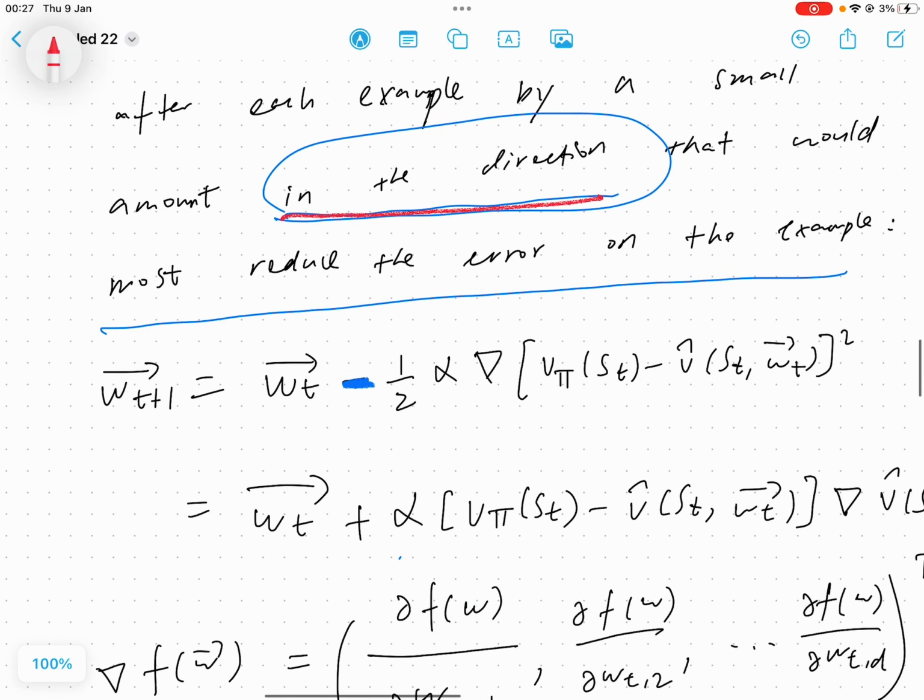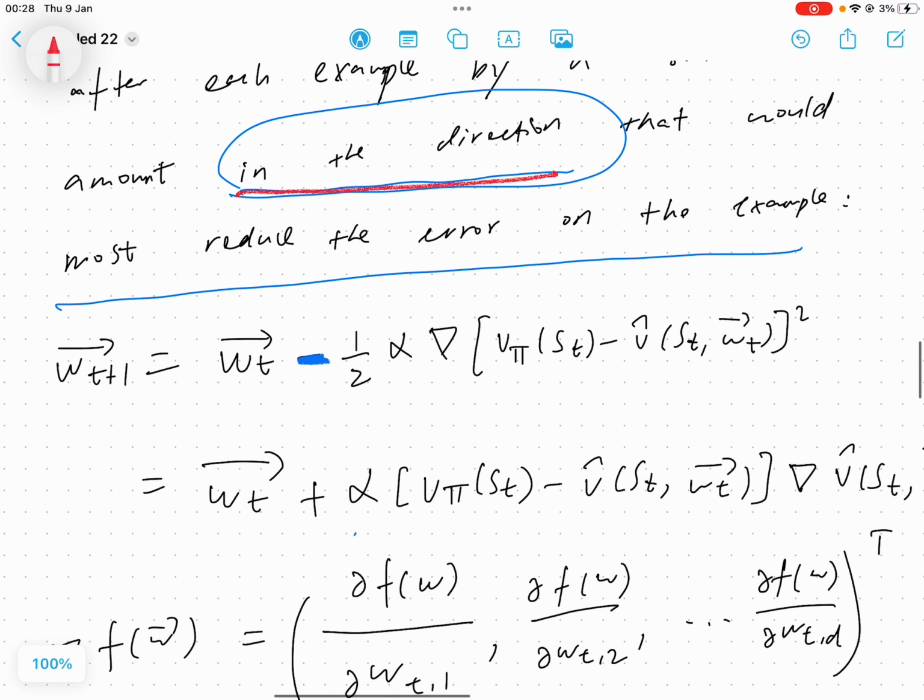Okay, so mathematically, this is just some updating rule that we define, right? We define W_{t+1} for the next time step to be using the W_t. Here I put this in the highlighted blue color: W_t minus a half of alpha times the gradient of this square distance.